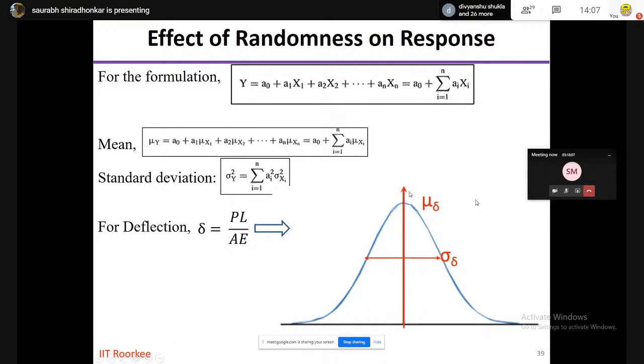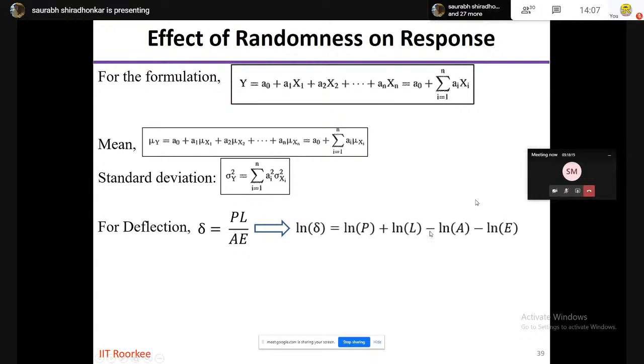Once you do that, this is how you will get the deflection of the rod and the corresponding standard deviation, once you apply these two formulas to this simplified expression. Okay, so this is how we account for the effect of randomness on the response of a single bar where only one variable is random. And we have the closed form solution, so we can use this to figure out the deflection.